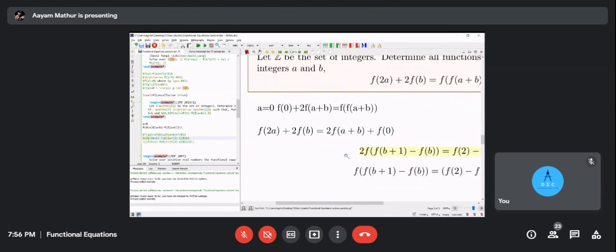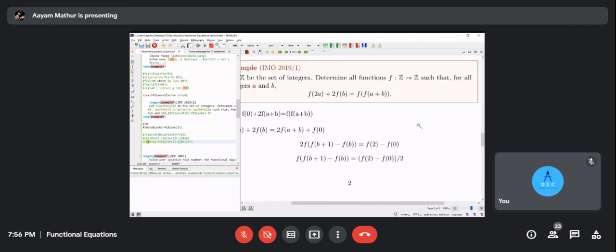And as we already know, that implies linearity. And so you get that f is linear. And that's literally just it for this problem. I'll just leave the details to you guys to see which linear functions work. And that's really it. Once you prove that f is linear, the problem is done.